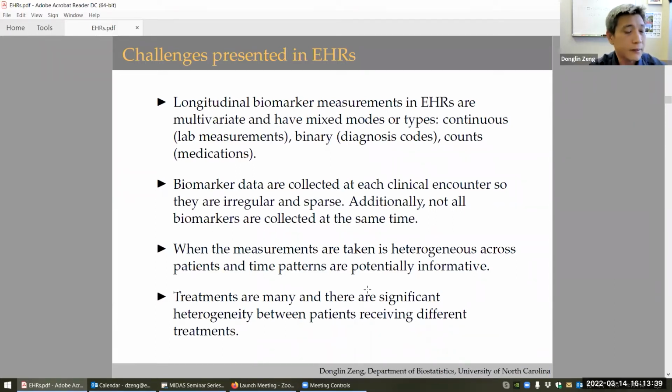The third point is that the measurement time points are very heterogeneous across patients, and they're informative. Most of the time you only collect data at clinical encounters. Why do they go to a clinical encounter? Sometimes by schedule, but in other cases the patients don't feel well, they get worse, they go to the hospital or clinic, and there they take measurements, right?